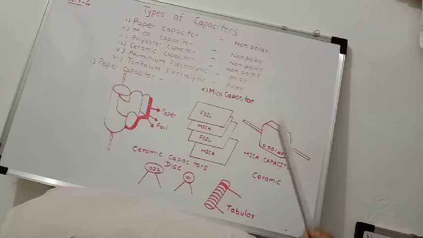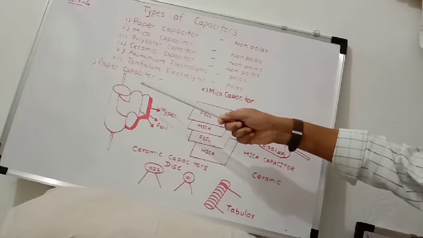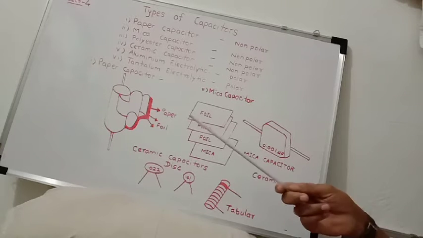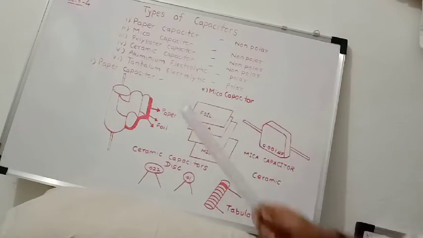So first of all, we will study the construction of paper capacitor. How this paper capacitor is fabricated, or how this capacitor is manufactured in industry. So we will first study about paper capacitor.